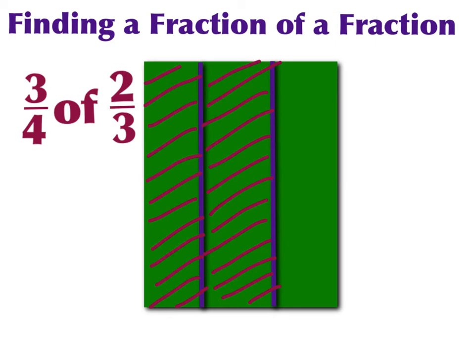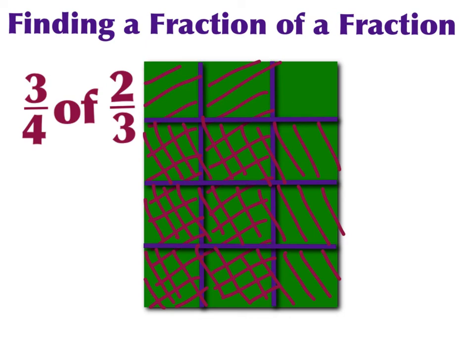The next step is to divide this rectangle into fourths horizontally. When we're finished, it will look like this. Now I have 1, 2, 3, 4 horizontal sections of this paper. The next thing I'm going to do is shade in 3 of the 4 sections of this rectangle. When I'm finished, it will look like this.